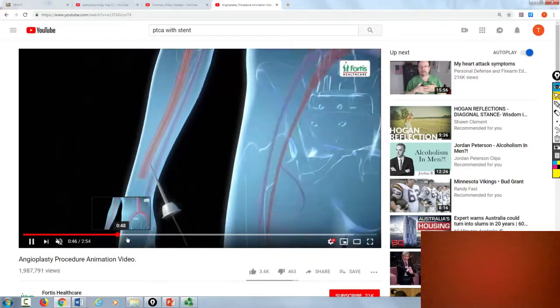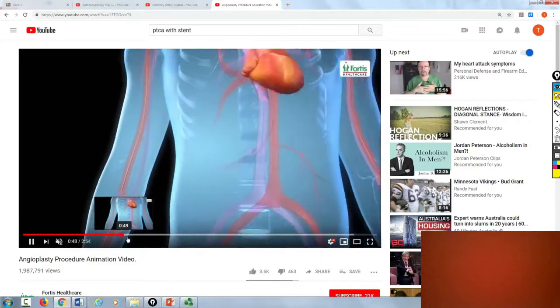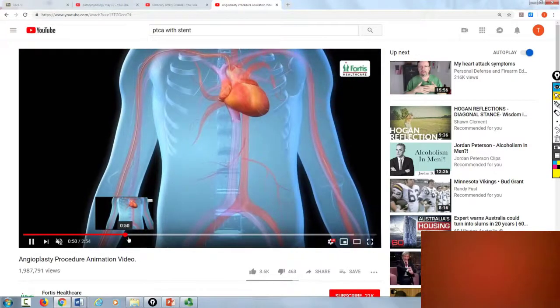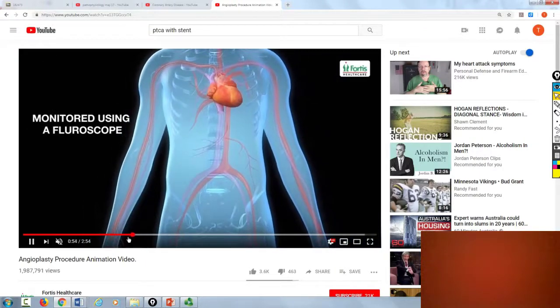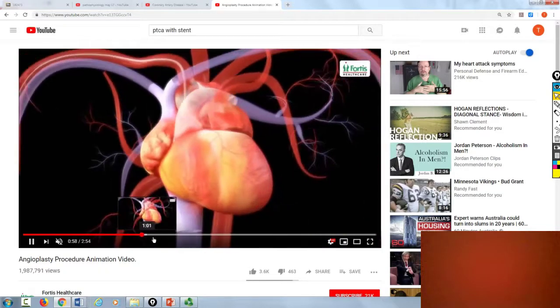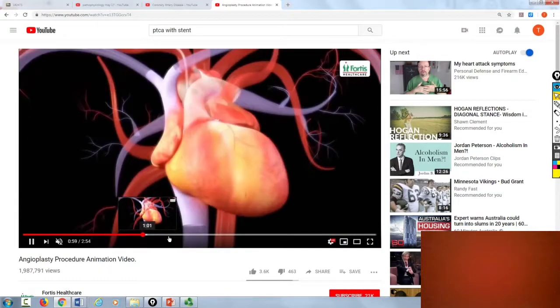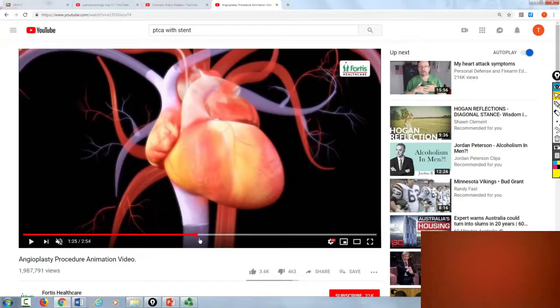Once they've identified the plaque, they thread a guide wire, and then they thread the balloon over it. So once the balloon is in place, they inflate the balloon and they smash the plaque into the walls of the coronary arteries, opening it up.